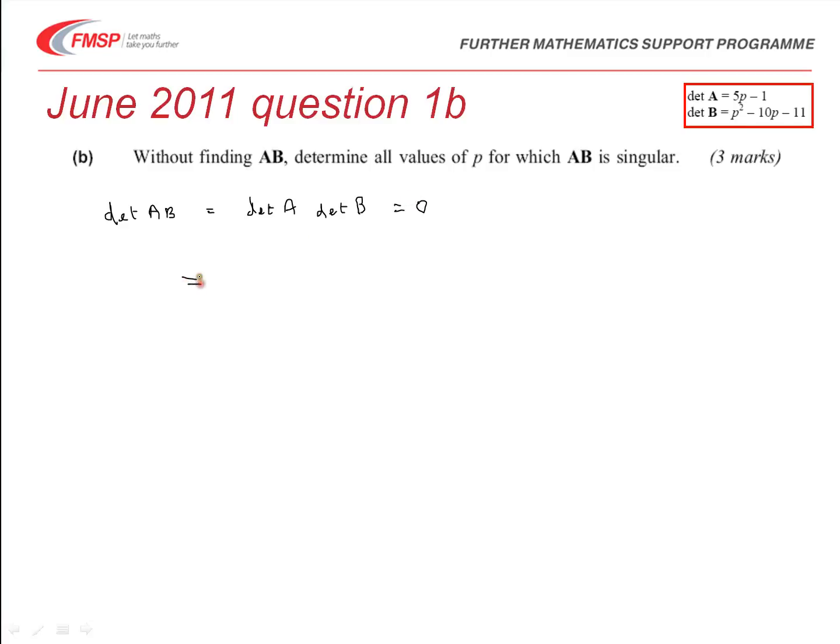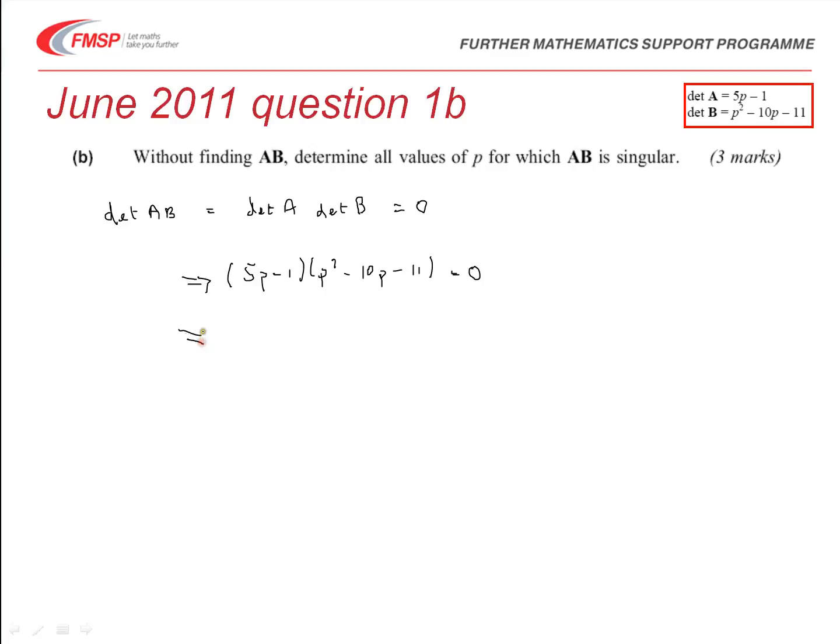So that is going to imply that 5p minus 1 multiplied by p squared minus 10p minus 11 must equal 0.